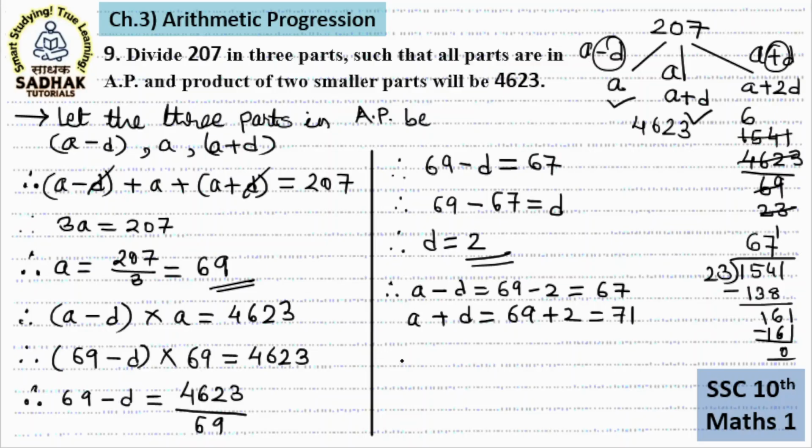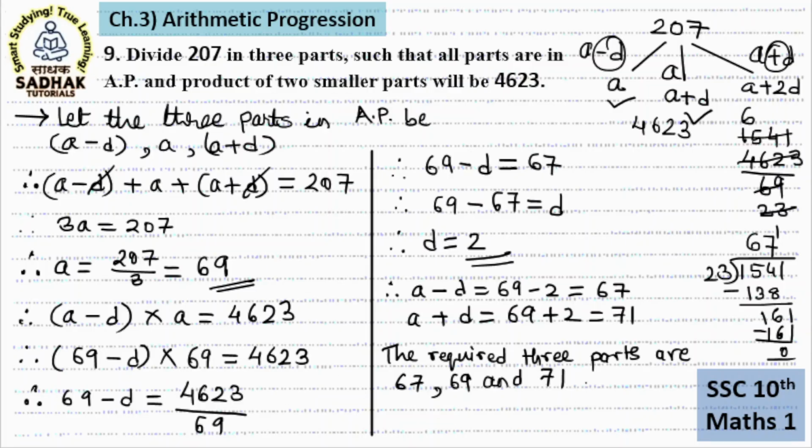Okay. So we got our answers. The three required parts are 67, 69 and 71. Okay. So that is our answer, friends.